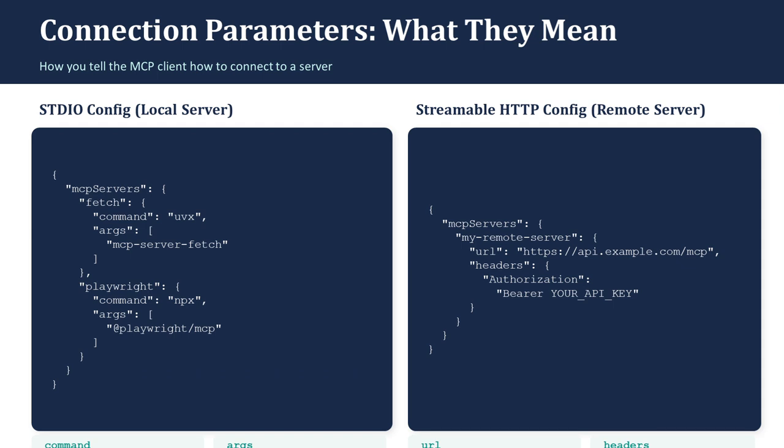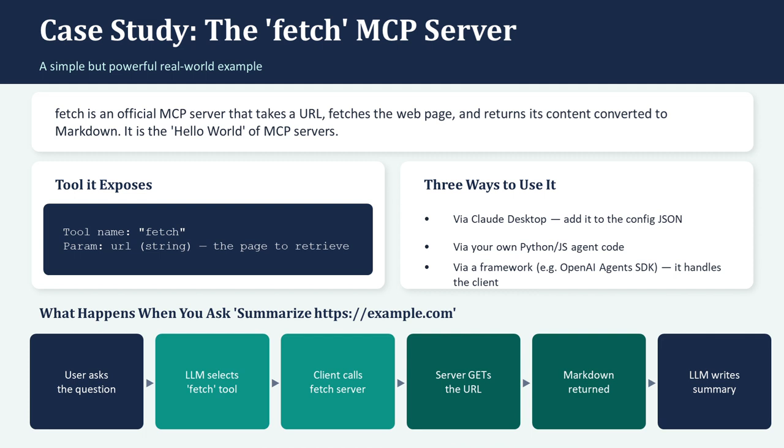Then these are the connection parameters for the stdio config and the streamable HTTP config. On the left side is a local server, and on the right side is a remote server, so you can use them according to your needs. Then the case study: three ways to use it and the tools to explore.